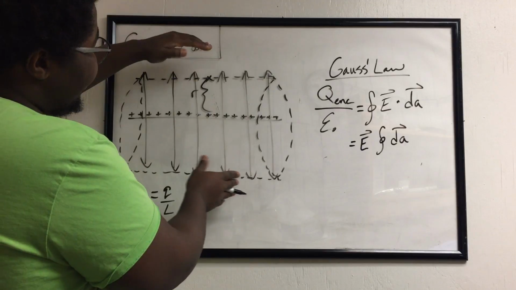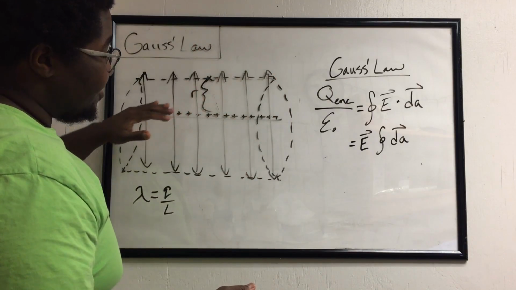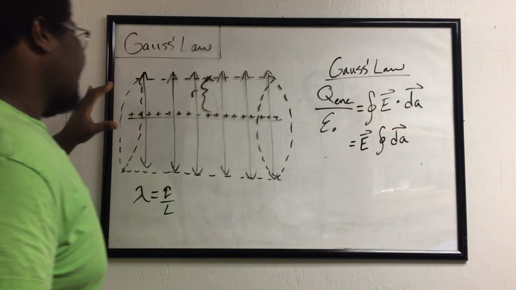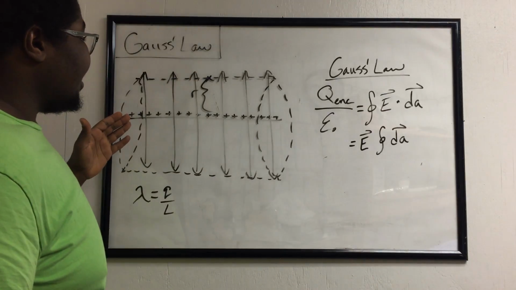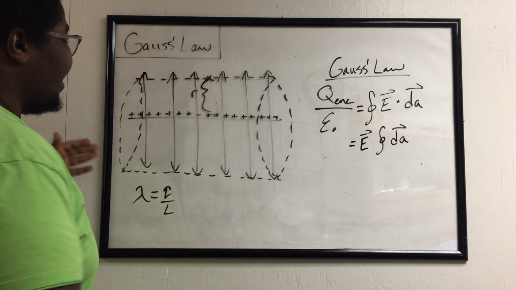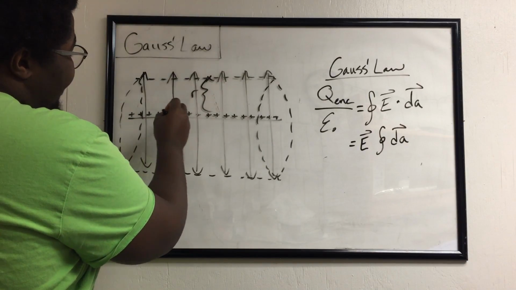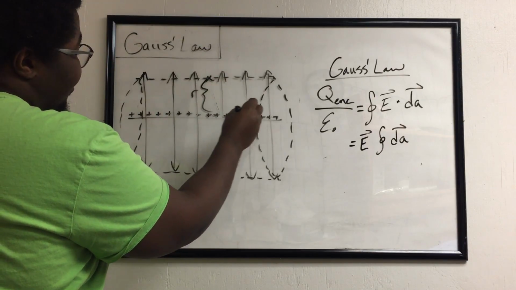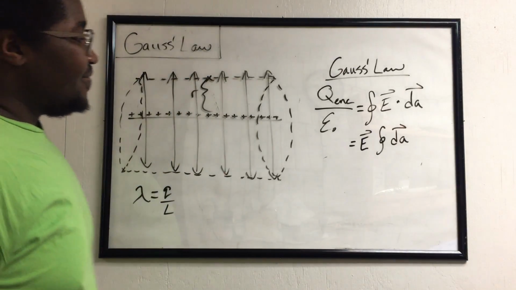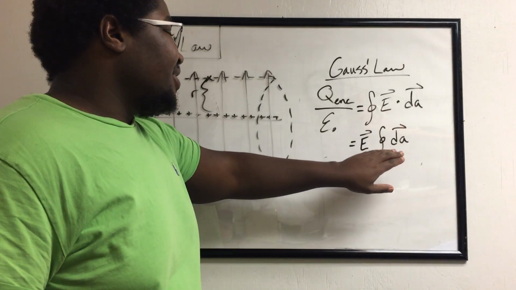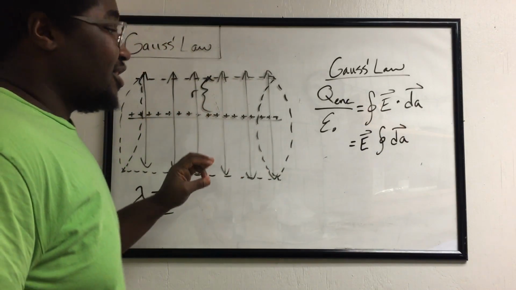We're worried about the side that wraps around and makes the cylinder. This formula saves us a lot of time, because back in the old days, they would have to sum up all the point charges on this line and then calculate the electric field. But we can use this integral to calculate the electric field.